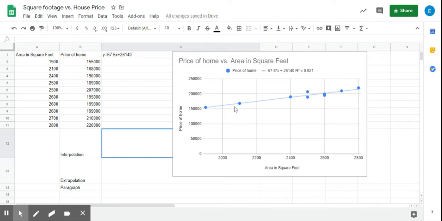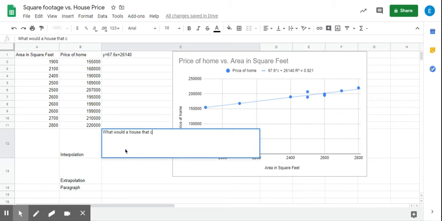So I'm going to ask, how big is a house that costs $175,000?